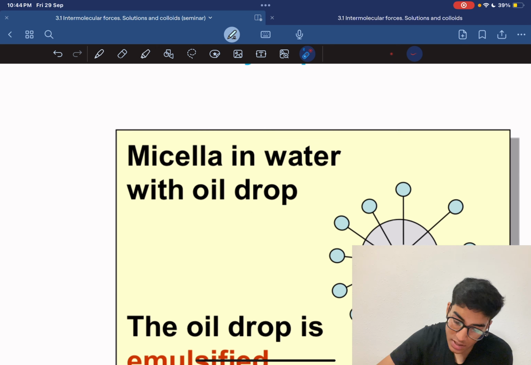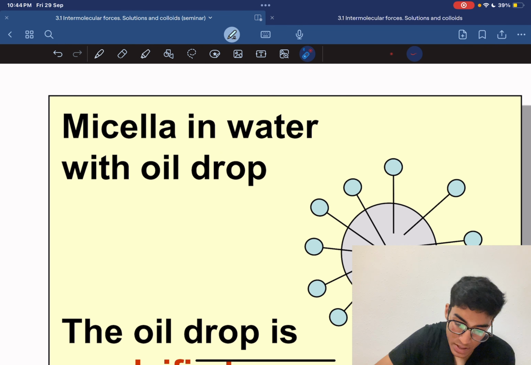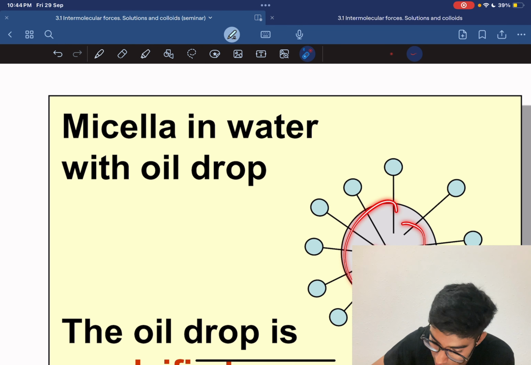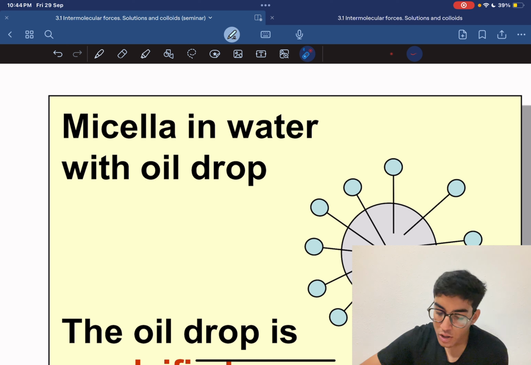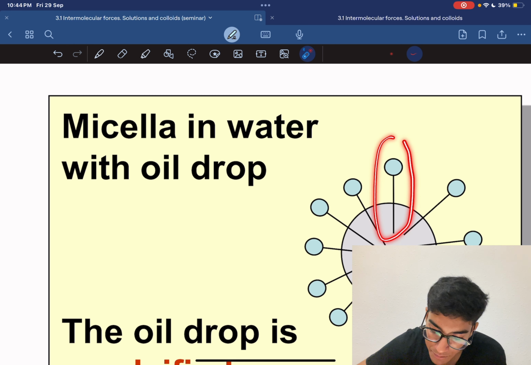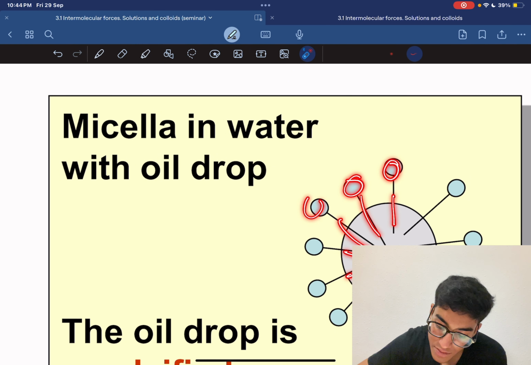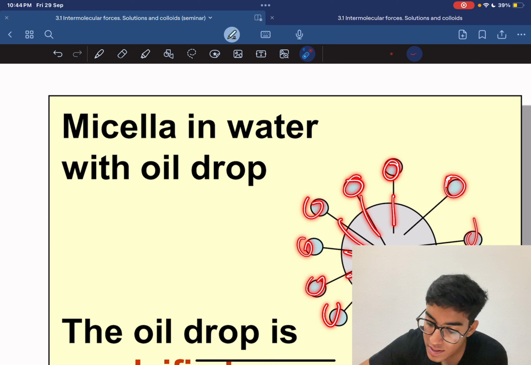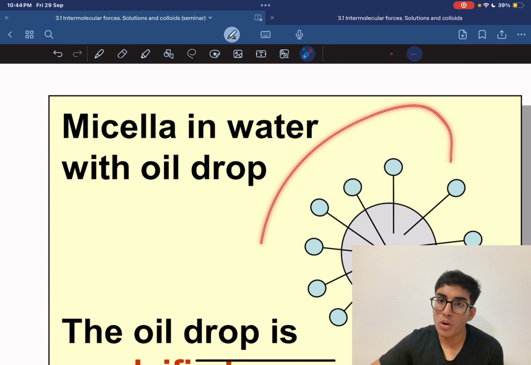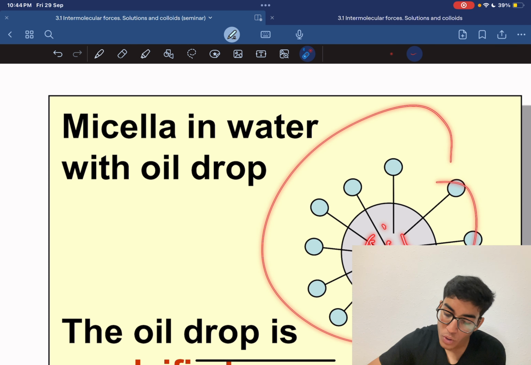So what happens is, see, this is what happens. A micelle in water with an oil drop. This is the oil droplet. These amphipathic molecules adjust themselves like this. They insert their non-polar tails inside, and they leave their polar heads outside. And since now the polar heads are outside, polar dissolves polar, so this whole molecule will dissolve in water.